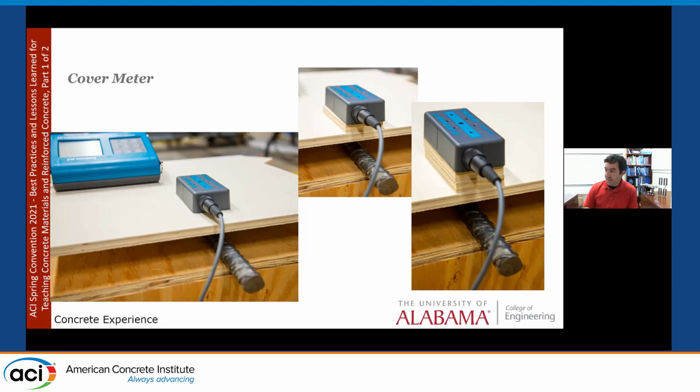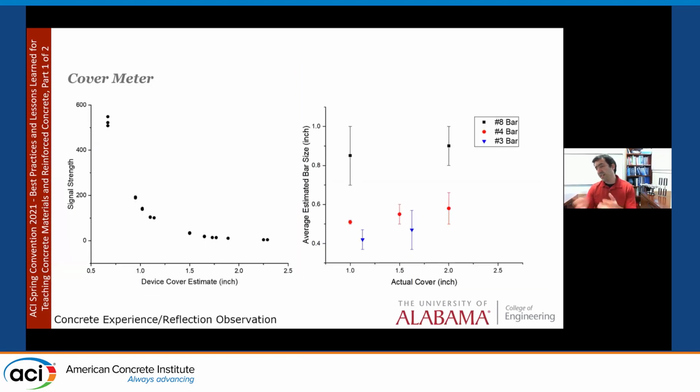So for this part of the activity, it's really nice to have everything set up ahead of time for them so that they can really focus on the actual measurement of the device and not the miscellaneous measurements.